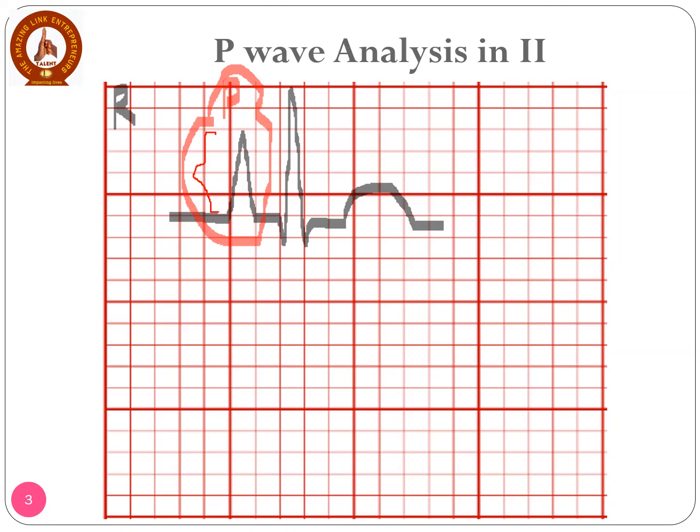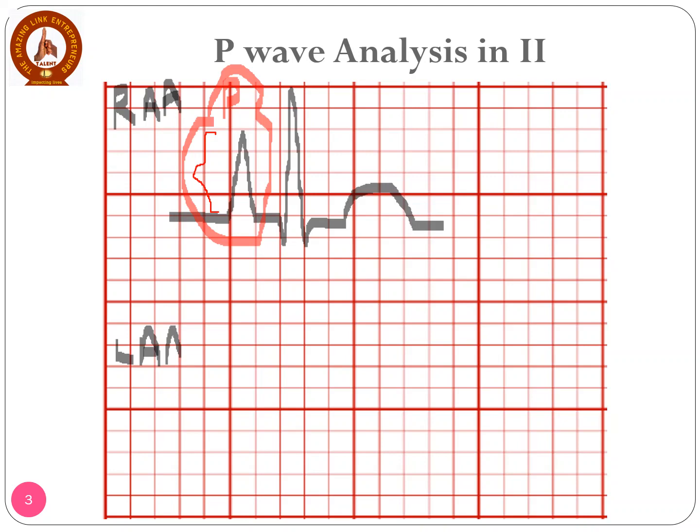The classical pattern is called P pulmonale, that is seen when there is right ventricular outflow tract obstruction, or chronic obstructive pulmonary disease, COPD. Let's look at another scenario, which is left atrial abnormality.